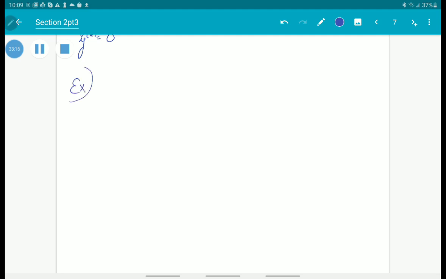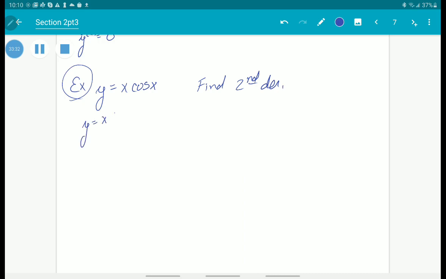Let's do one more. Suppose we had x cosine of x. And let's just find the second derivative. So you got to start by taking the first derivative. So it's the first times the derivative of the second, plus the second times the derivative of the first.